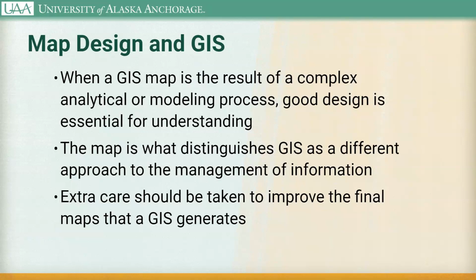So we've talked a lot about the purpose of GIS and what we're trying to achieve with it. A very large percentage of the time, our end goal is to produce a type of map.